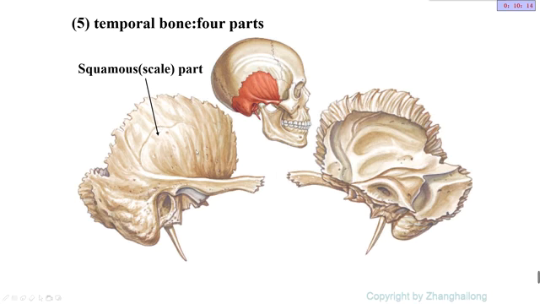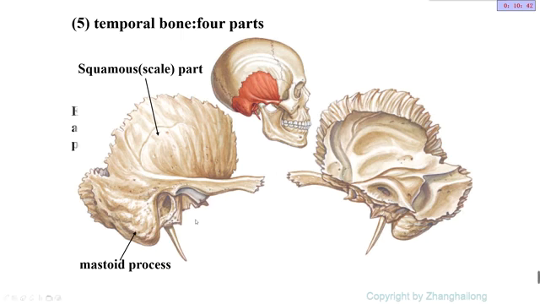There are many small processes on it. And on the inferior border there is the mastoid process, and this process you can touch on your head. Please touch the inferior border of your ear, and in front of it there is a process. This one is the mastoid process. The mastoid process is a round process.